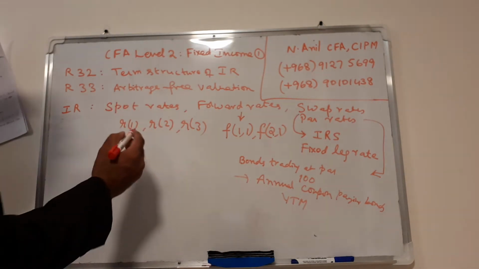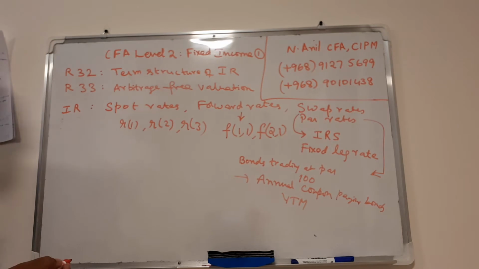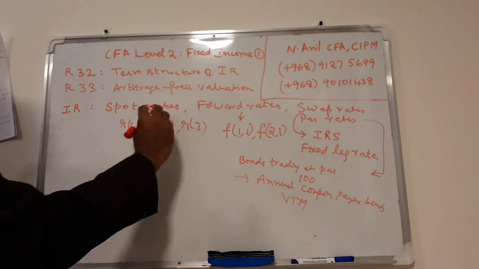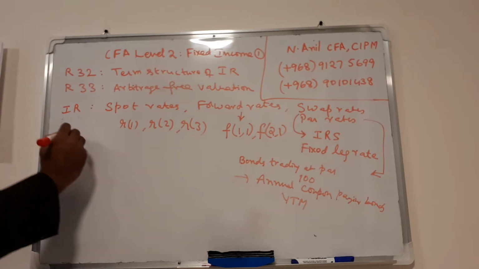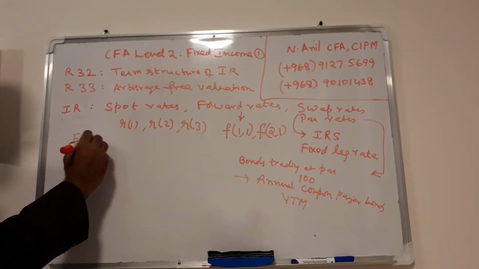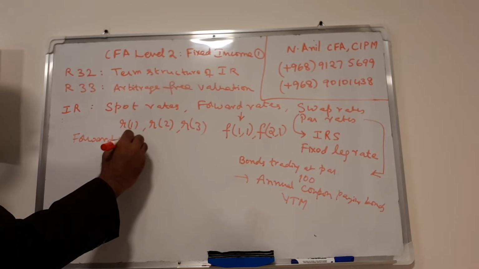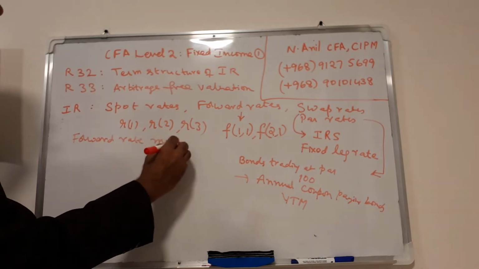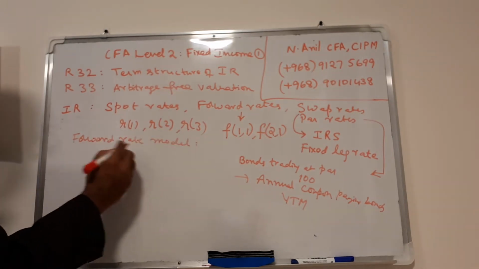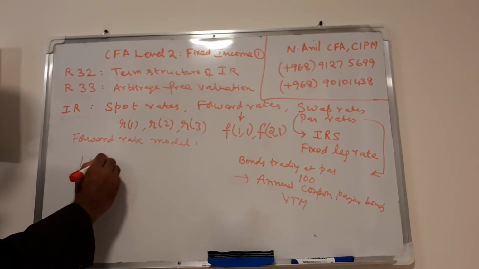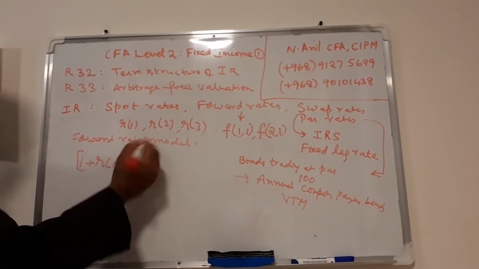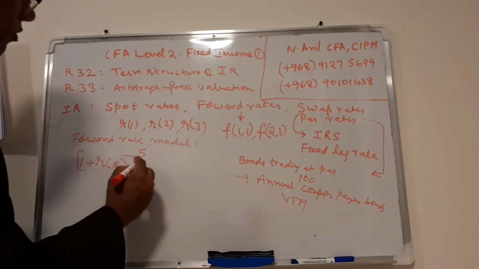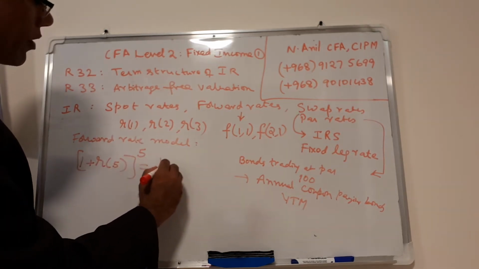Now we have formulae on how to get the spot rates and forward rates. There is what we call the forward rate model. So suppose you want to know the spot rate for 5 years: (1 + R5) to the power of 5.